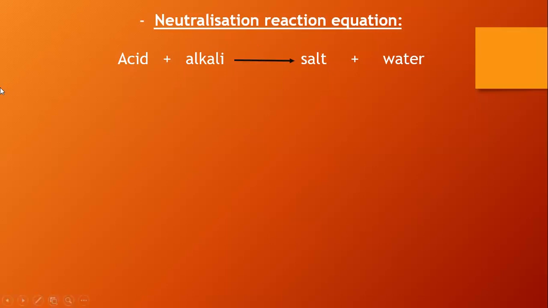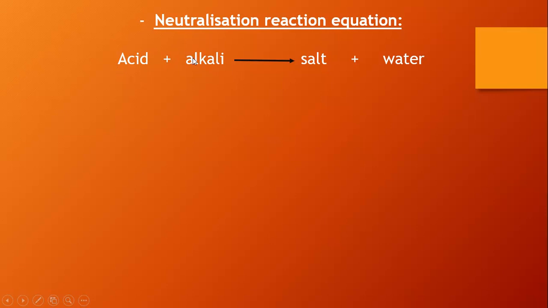And this is why we call everything before the arrow reactants, because they react with each other. We are talking about neutralization, which is the reaction between acids and alkalis. So what are the reactants? The reactants are acids and alkalis, okay?